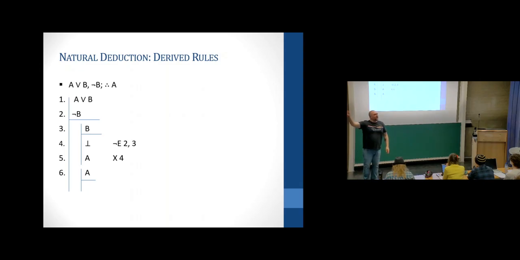Rules only let us move one step at a time. If you wanted to get some result in this subproof line, every rule moves only one step.